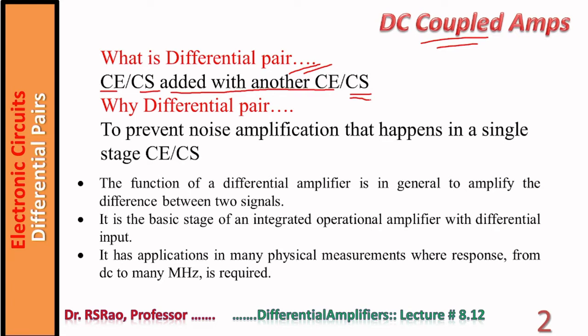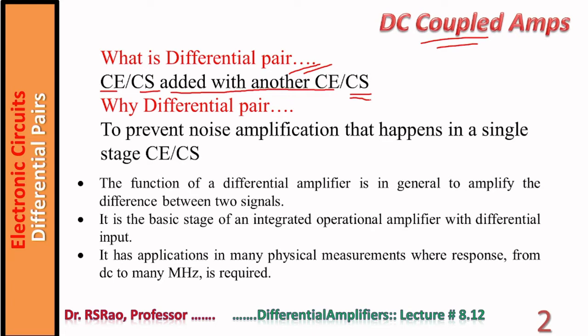In Darlington or in Cascode, input is 1, output is 1. Output of first stage goes as input to the next stage. But in case of differential amplifiers, inputs are 2. They accept 2 inputs.